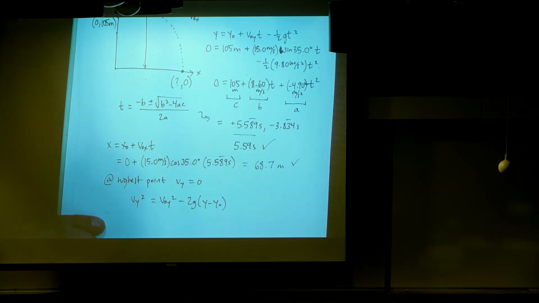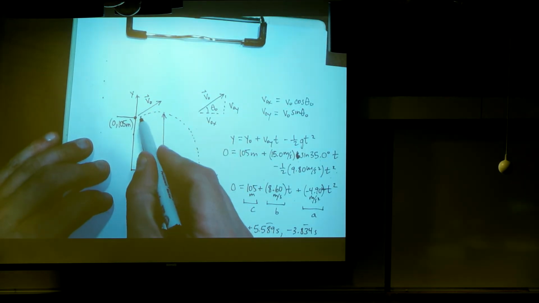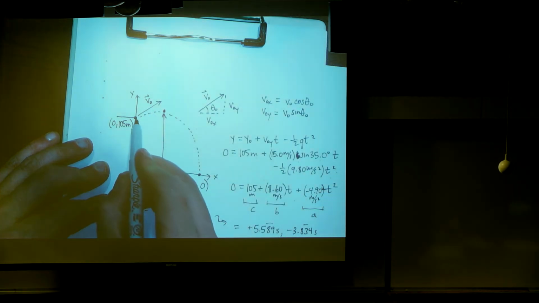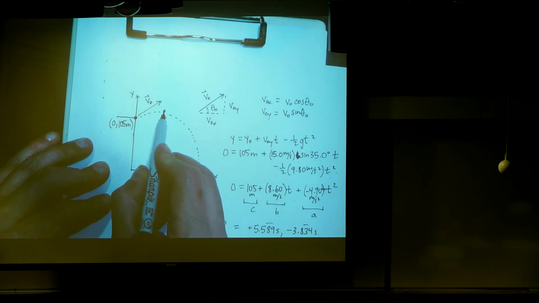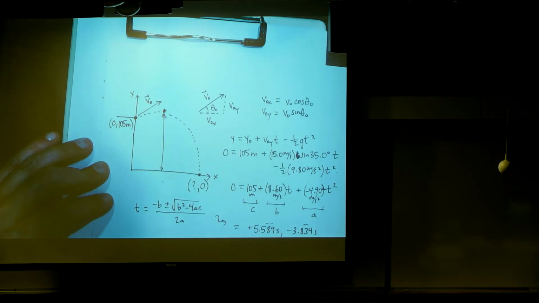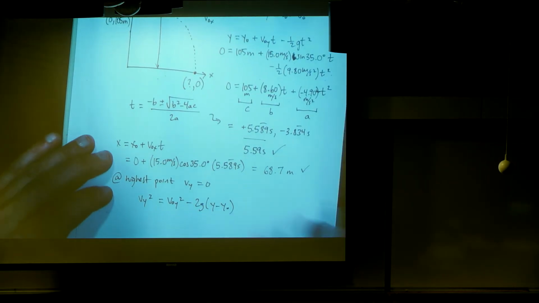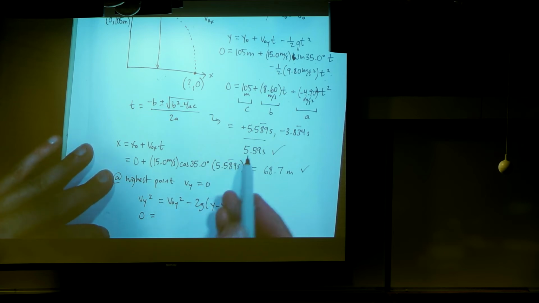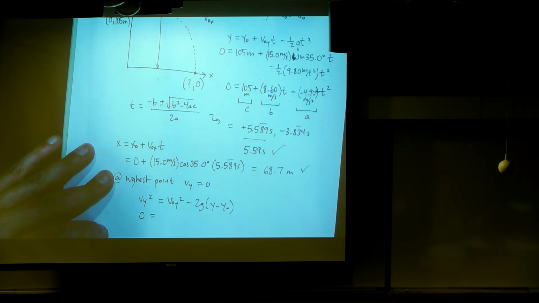All right? So let's put in everything we know. vy, that represents our final velocity. So let's be clear, when I apply this equation, I'm saying this is my initial state right here when it's thrown, and then this is my final state when it reaches the peak, okay? So I'm going from here to here. My final velocity is 0, given what we just said, and my initial is v naught sine of the angle.